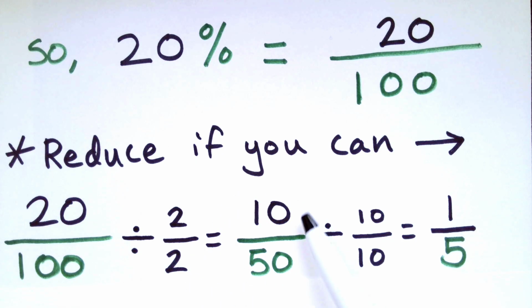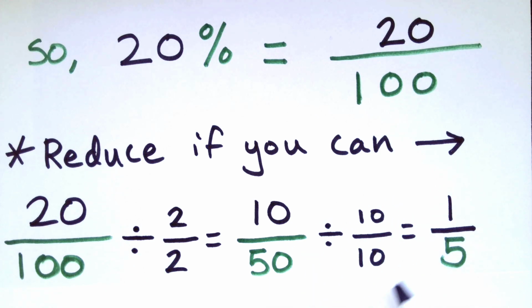Is there a number I can divide evenly into top and bottom? Well, I could continue to divide by 2, even though we have a 10 and a 50. 10 divided by 2 is 5, 50 divided by 2 is 25. But I know that 10 times 1 is 10, and 10 times 5 is 50.